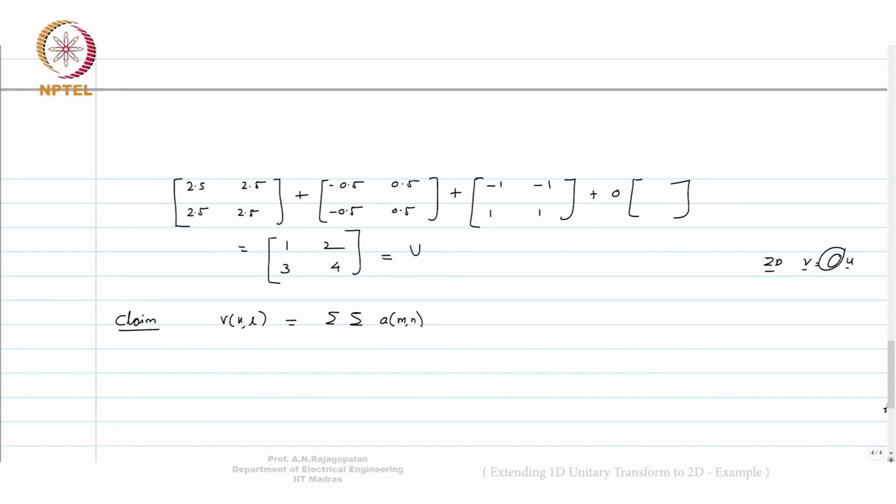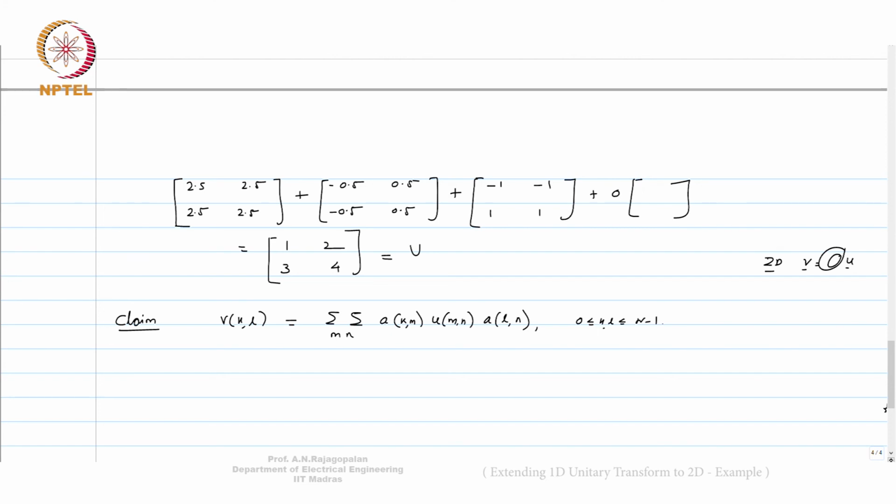I'm not changing anything along the way, so that we can always map back to what we started off with. So this has to be A of K comma M, U of M comma N, and then A of L comma N, and then this sum runs over M comma N, and then K and L, over 0 to N minus 1.